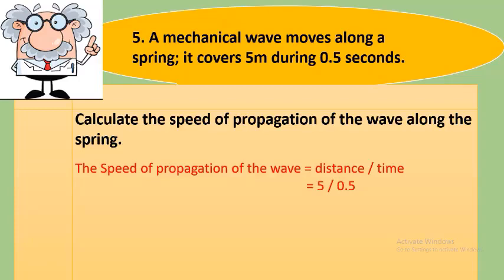It is important to make sure before inserting any numbers into the formula that they are in SI units. In this case, we have 5 meters and 0.5 seconds, which are SI units. And the speed of propagation is 10 meters per second. Do not forget the units meters per second, since that is the SI unit for speed.